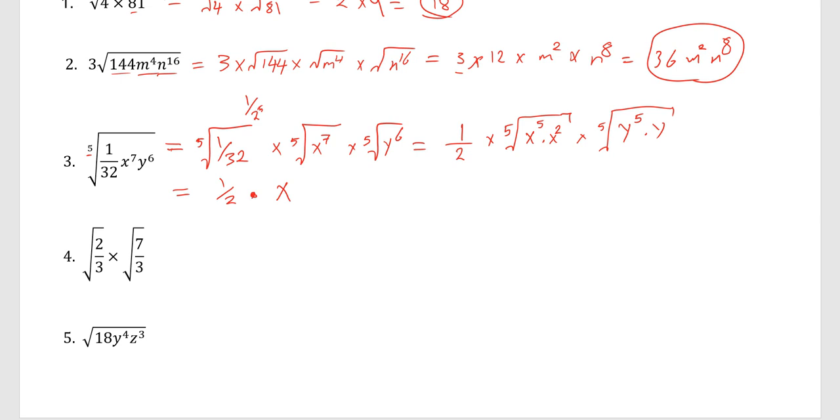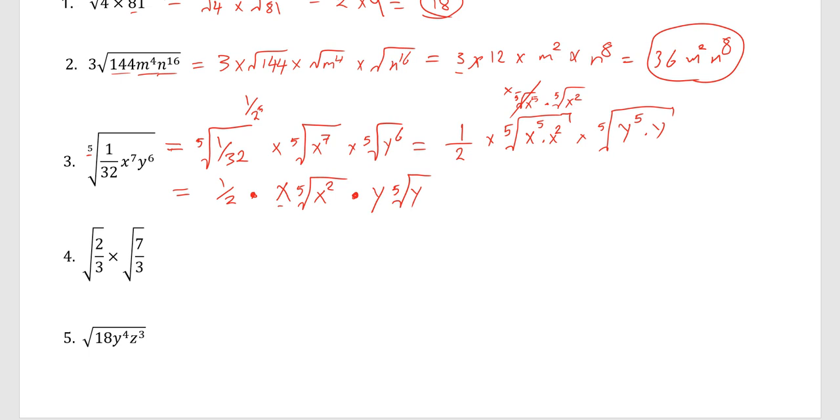So this is the same as the fifth root of x to the 5th times the fifth root of x squared, right? So the fifth root of x to the 5th is just x, but then the fifth root of x squared is just the fifth root of x squared. I mean, it doesn't simplify any further than this. Times, again, the fifth root of y to the 5th is y, times the fifth root of y.